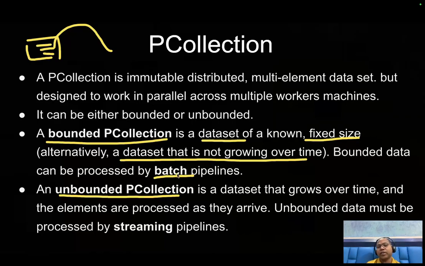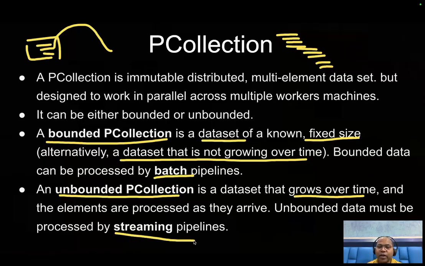Unbounded means the data set grows over time. We are not sure about the data, like sensor data or IoT data, which is continuously generated. This is known as a streaming pipeline.